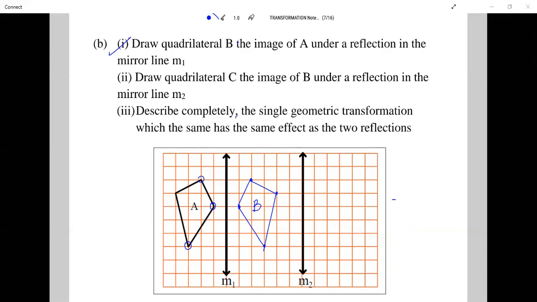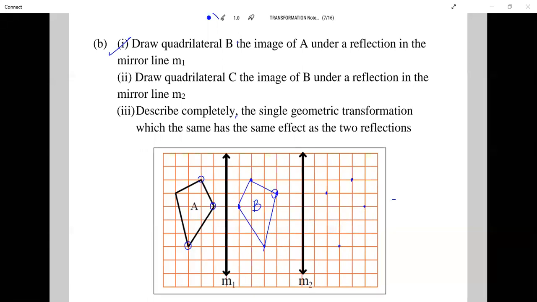So one vertex at a time, 2 units, 2 units. 1, 2, 3, 4 units. 1, 2, 3, 4, 5 units. 1, 2, 3.